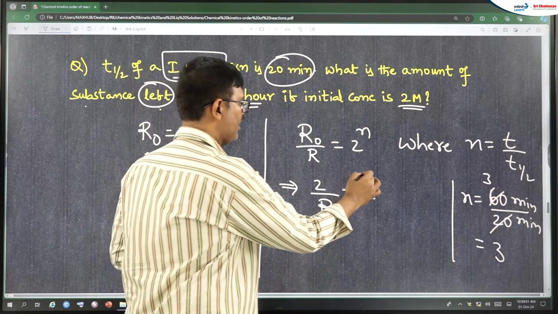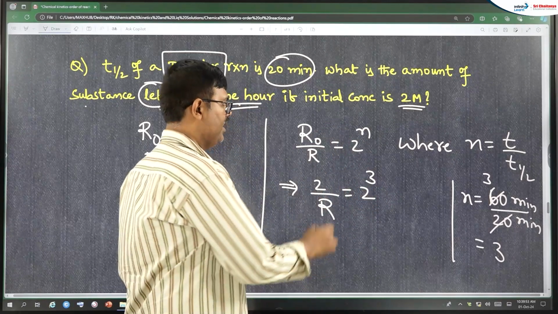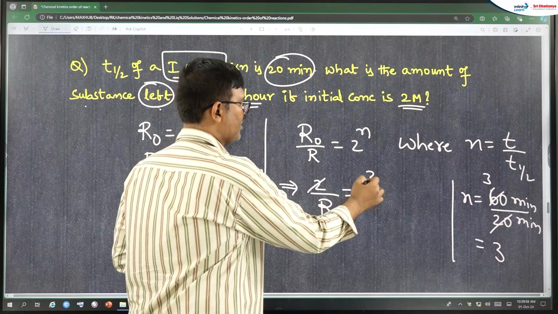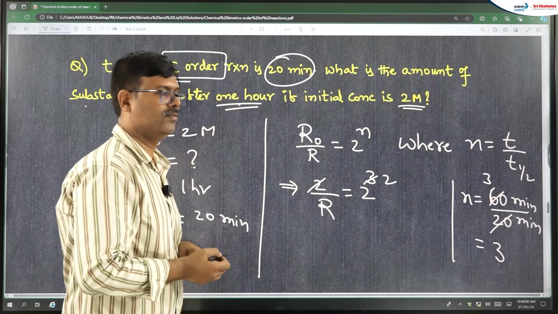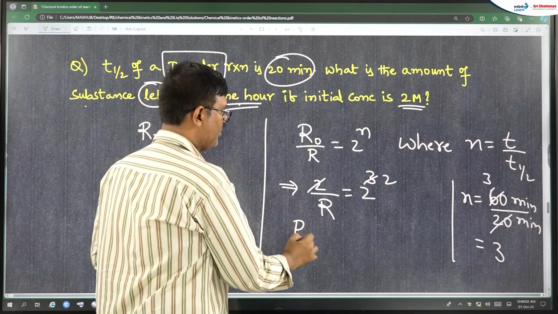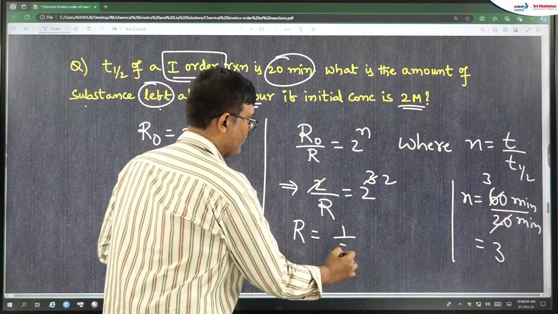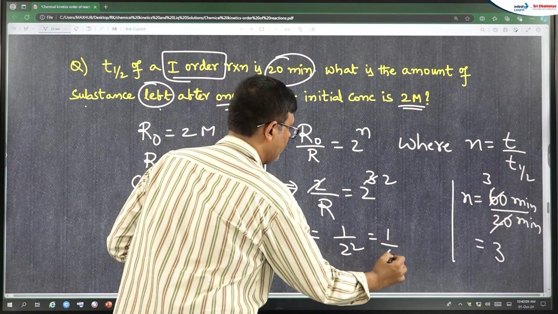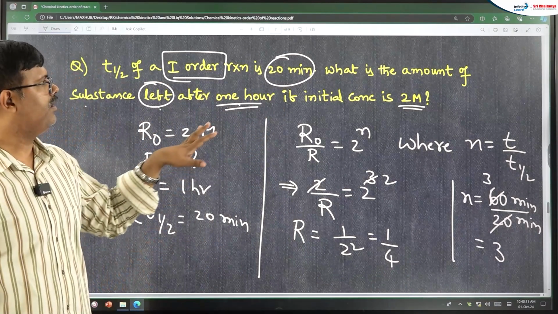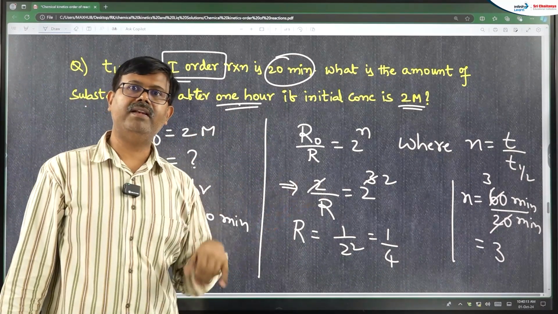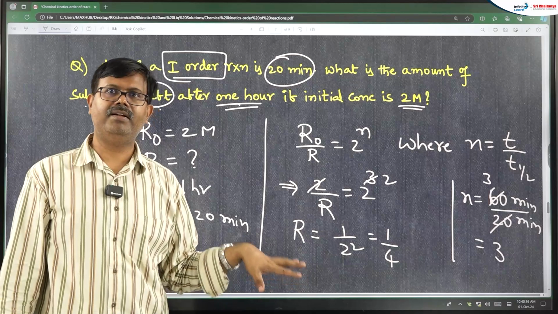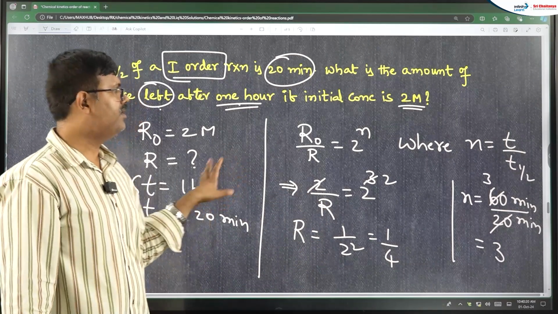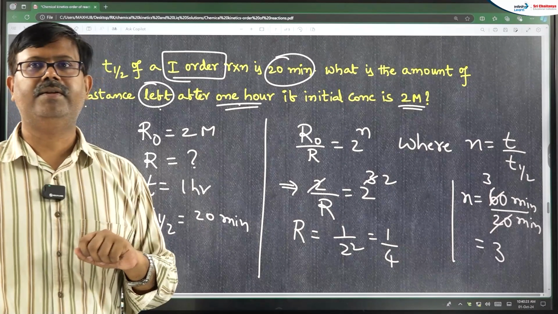Let's substitute n as 3. Then if we cancel this 2, you will get 2 square here. So R is equal to 1 by 2 square, which means 1 by 4. So initially 2 molarity, but finally how much reactant is left remaining? That is just 1 by 4. This is how you have to solve these questions.